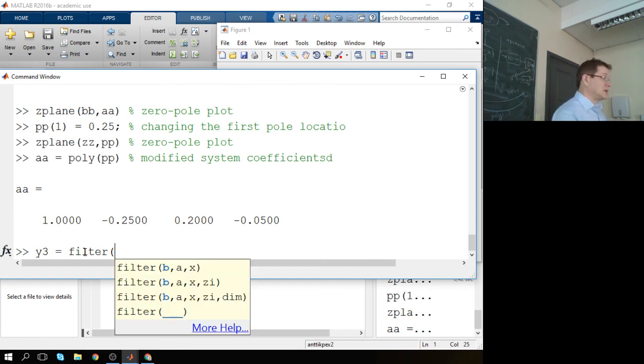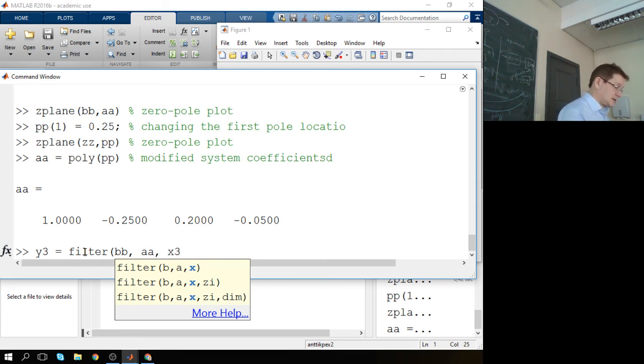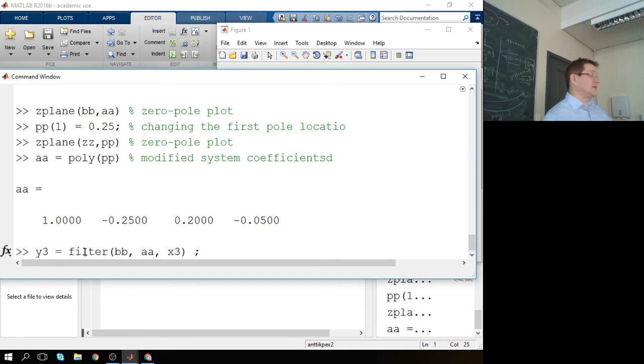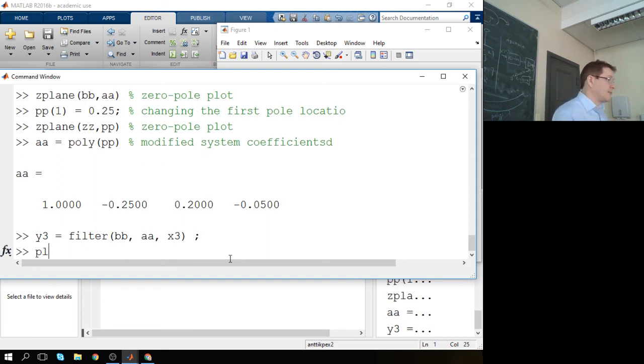So we can make the system output for this X3 input the same way we did the delay of the system. So we have the system coefficients for forward term, feedback term, and the input. There.